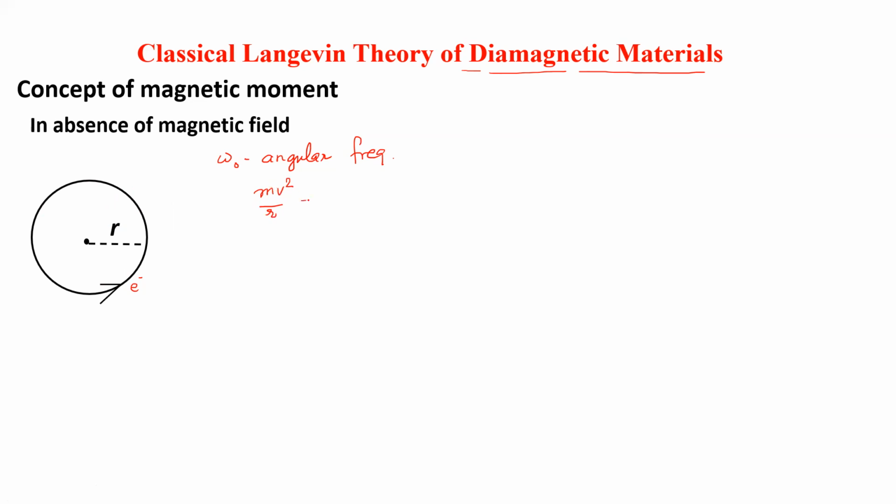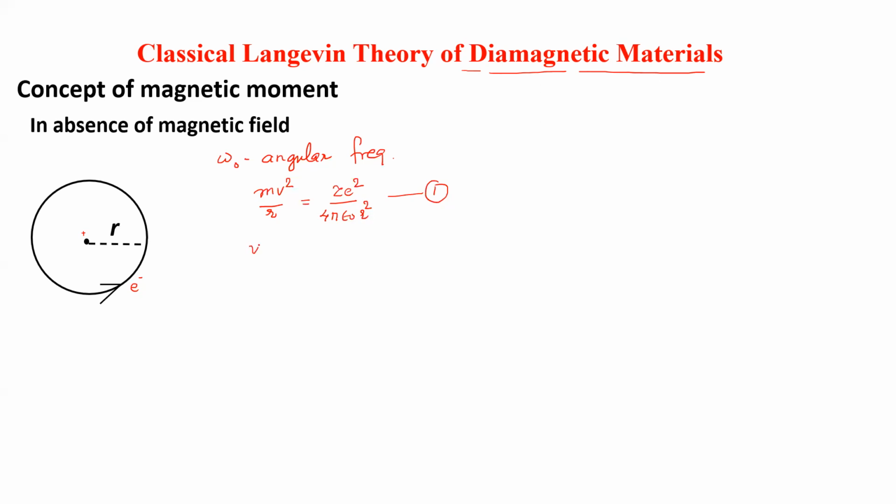And this is provided by the electrostatic force of attraction between the nucleus, which is positively charged, and this electron, and therefore we can write this electrostatic force as Ze square divided by 4 pi epsilon 0 r square. So this is the equation: the centripetal force required for the circular motion is provided by the electrostatic force of attraction between the nucleus and electron.